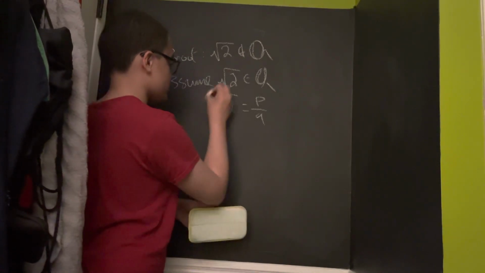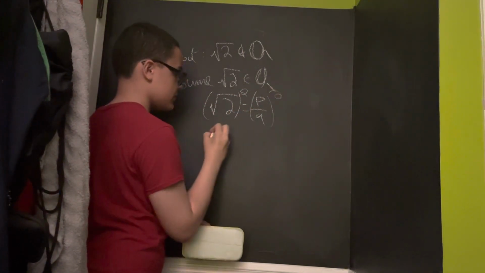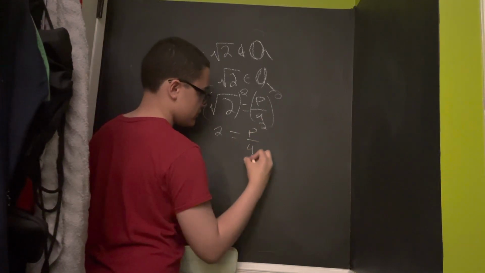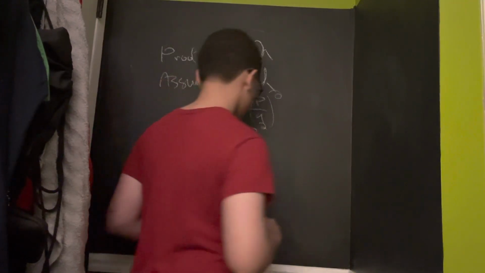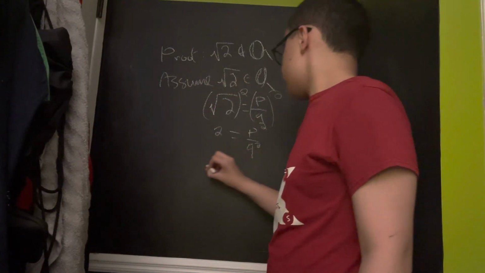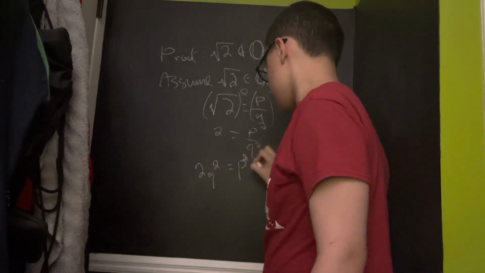And now, in order to get rid of the square root, we can obviously square both sides. So 2 equals P squared over Q squared, actually. And now, this is going to give us 2Q squared equals P squared.